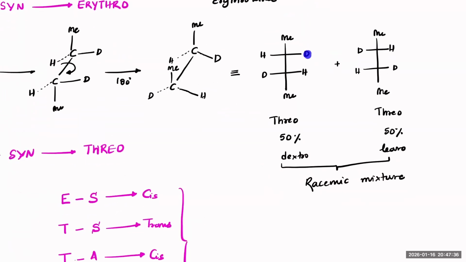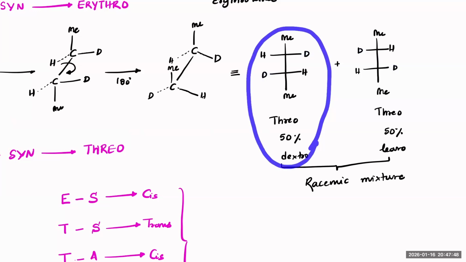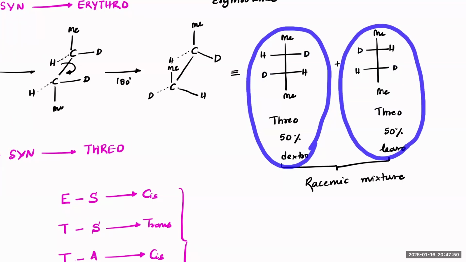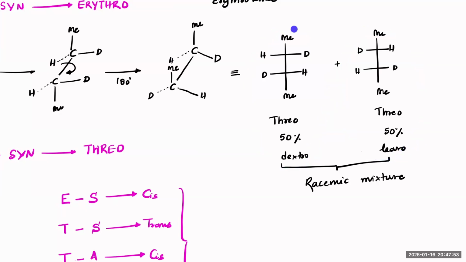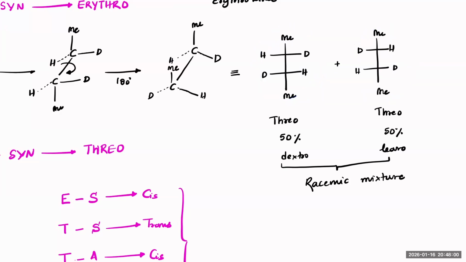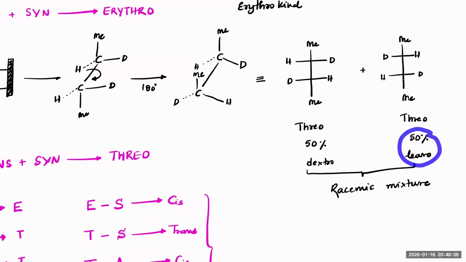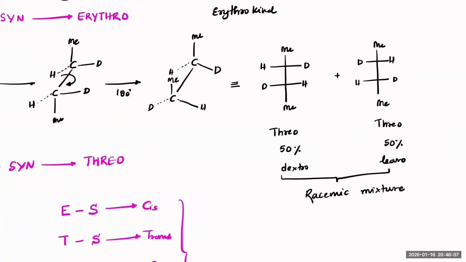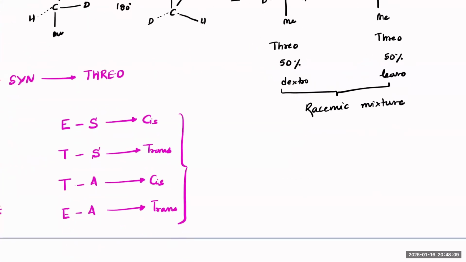But when deuterium added and you got a threo product, here these two deuteriums and these two deuteriums are not in the same direction. Hence, if I get 50% dextro, then I would get 50% levo. That means I will get 50% of one enantiomer and 50% of the other enantiomer. Chances are 50-50%. And when you get 50% of dextro and 50% of levo, the solution of these two mixtures would be optically inactive.